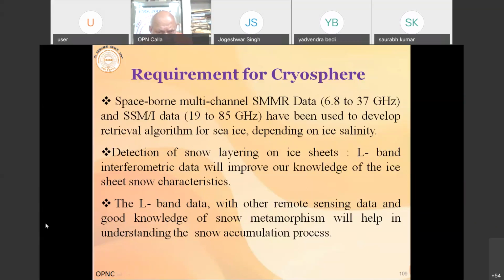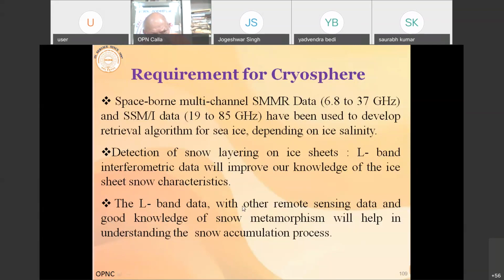For detection of snow layering, we use L-band interferometric data, and that will improve our knowledge of the ice sheet snow. That is very important. Now, having the interferometric scenario available with us, both passive as well as active, we should use this interferometric information, which will improve the knowledge of ice sheet snow characteristics.